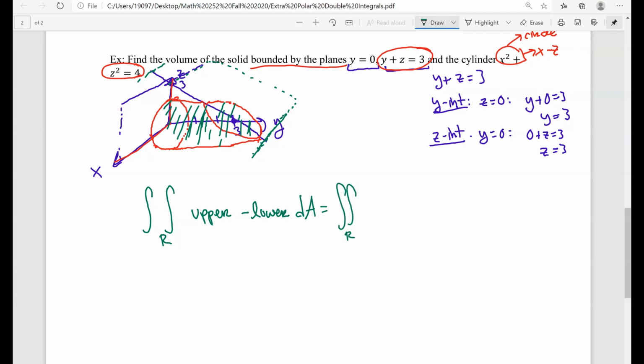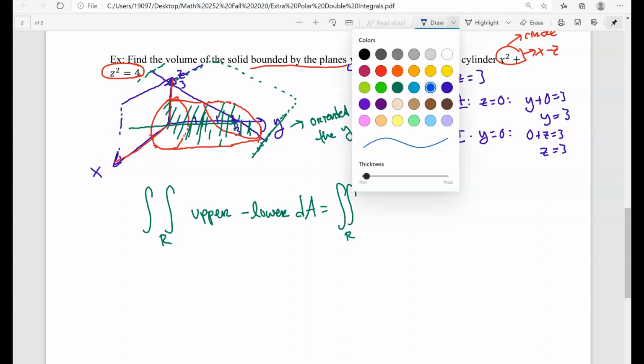Notice that if I were to look at the upper function, if I'm going in the y direction here, the figure is oriented on the y-axis. It's no longer on the z. So imagine that we have an arrow coming from the negative y-axis all the way into this volume.